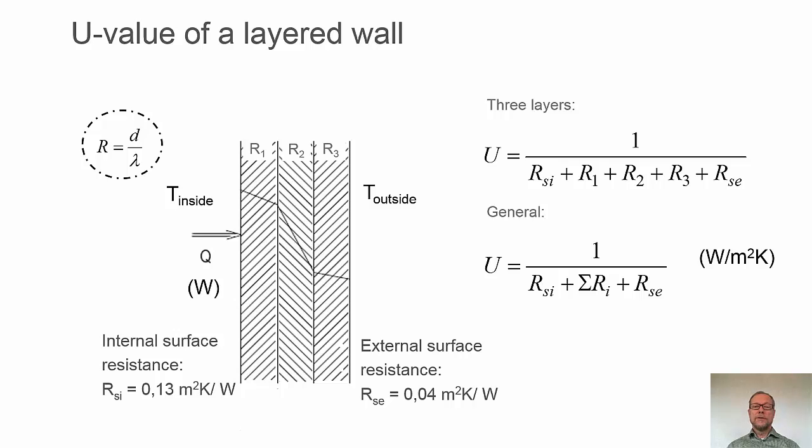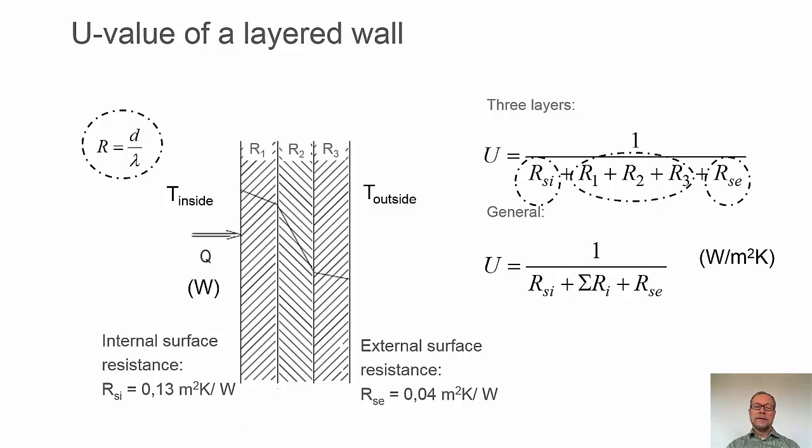In order to calculate the U value, we use this formula on the right-hand side. We have U equal to 1 divided by the surface resistance on the inside, which has the default value of 0.13 square meter Kelvin per watt. And then we add the sum of the thermal resistances for each layer, R1 plus R2 plus R3.